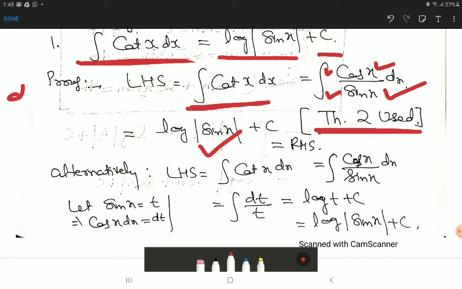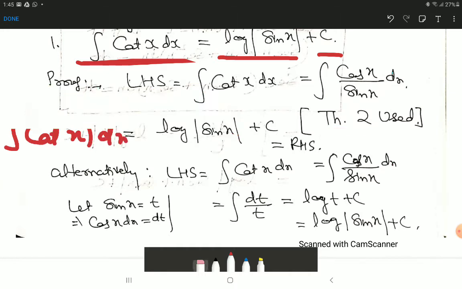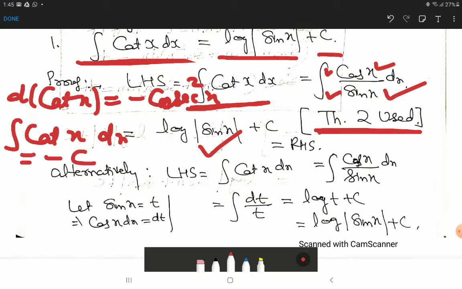It is right to say that derivative of cot x is minus cosec square x. So we may say that integration of minus cosec square x dx is cot x. But it is wrong to say that integration of cot x dx is minus cosec square x. This statement is wrong. Minus cosec square x dx is the derivative of cot x. So all these points should be kept in mind.